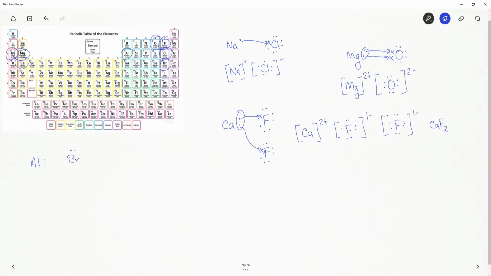Bromine, just like fluorine, has 7. Again, we have to work out a deal where aluminum can lose all 3 of its electrons. So instead of just having 1 bromine atom or 2 bromine atoms, of course we are going to bring in 3 bromine atoms. They each have 7 valence electrons.